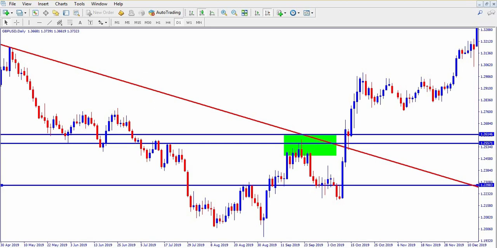Let me explain why I would have used it. Price got to this point, there's a structure here, fell, tried to break through the structure, came down, tried to retest it and went upward. So I would have preferred to use this point as my take profit and not go for something way more than that.